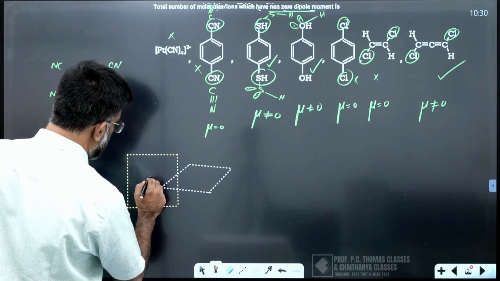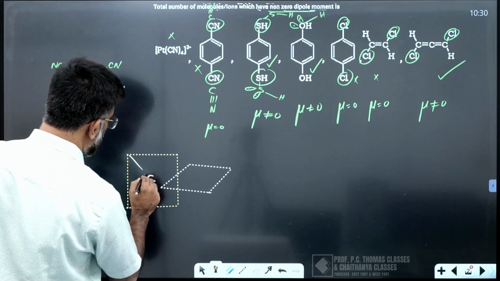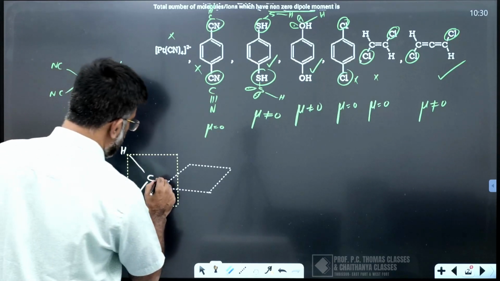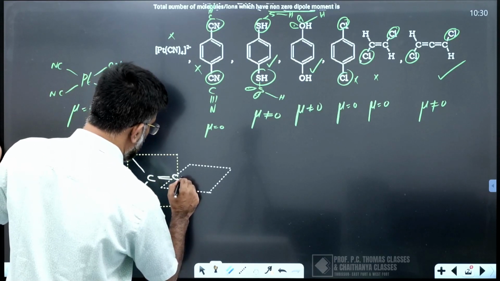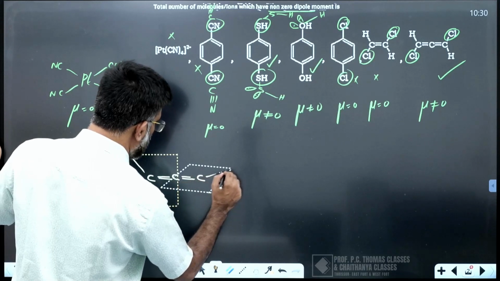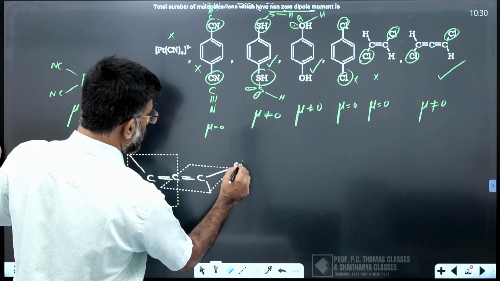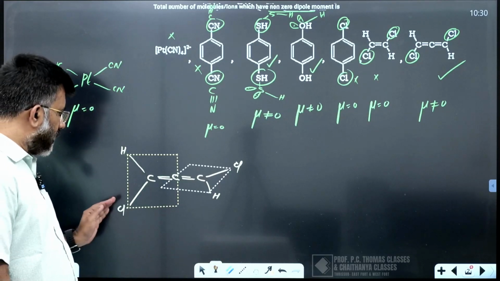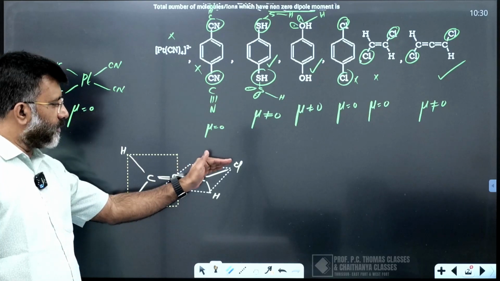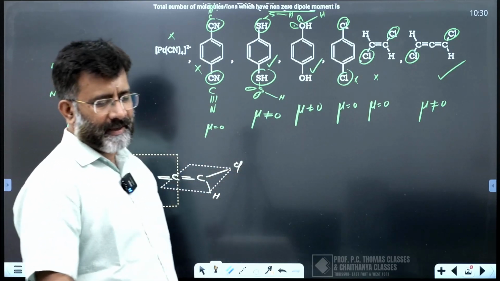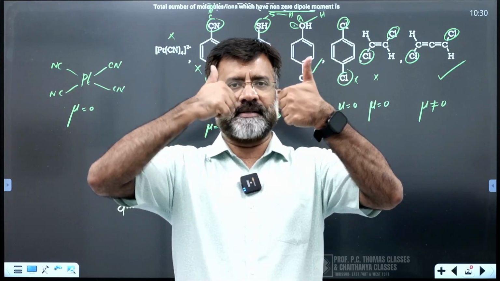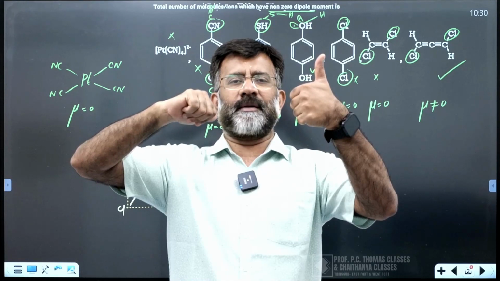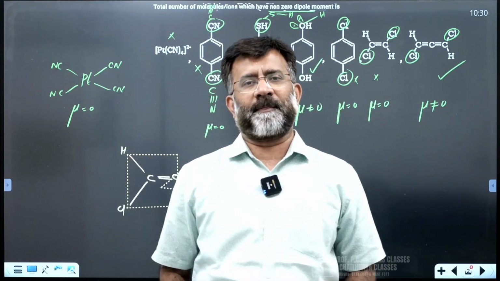You can see the carbon available here with, say, hydrogen here and chlorine here, and that makes a double bond with a carbon here, and that makes a double bond with a carbon here, and here you have chlorine and hydrogen. You can see the two chlorines are not in trans position. One chlorine is in the vertical plane and the other chlorine is in the horizontal plane. So they are not available like this, it's like this. If this chlorine is in the vertical plane, this chlorine is in the horizontal plane.